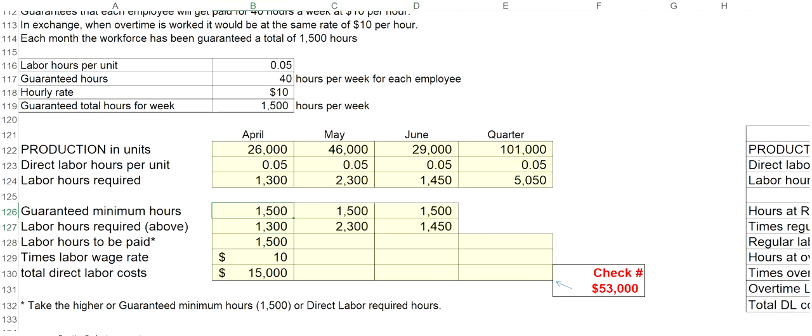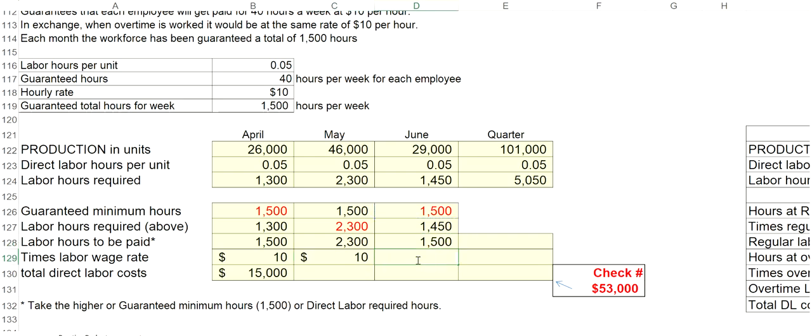So for example, I have to pay them for 1,500 in April, even though they only worked 1,300. They did work more than the 1,500 hours, so I have to pay them for 2,300 in May. And in June, they worked 1,450, but I have to pay them for 1,500. Okay, so I brought down the guaranteed amount of 1,500, 2,300, and then 1,500.